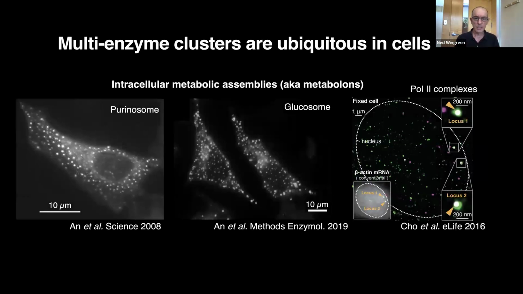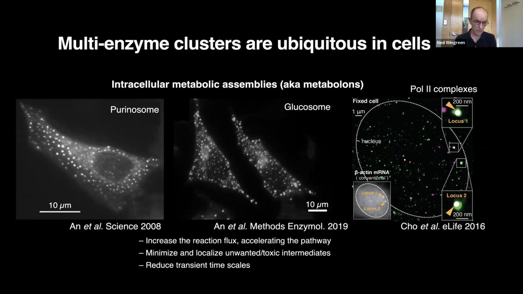There are a number of examples of this kind of multi-enzyme cluster in cells, the pyrenosome, something called the glucosome. One can argue, and I don't want to argue too strongly, that the transcriptional regulation by condensates has something similar along these lines.